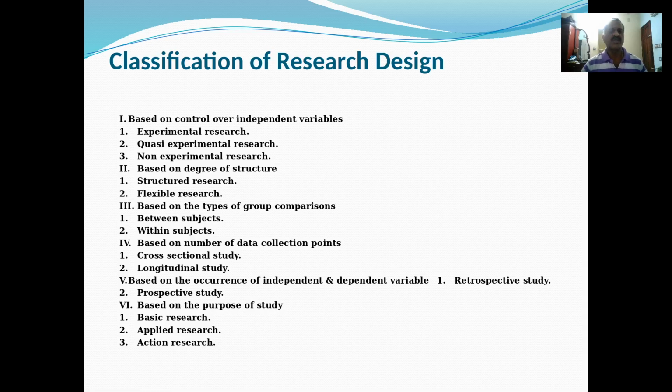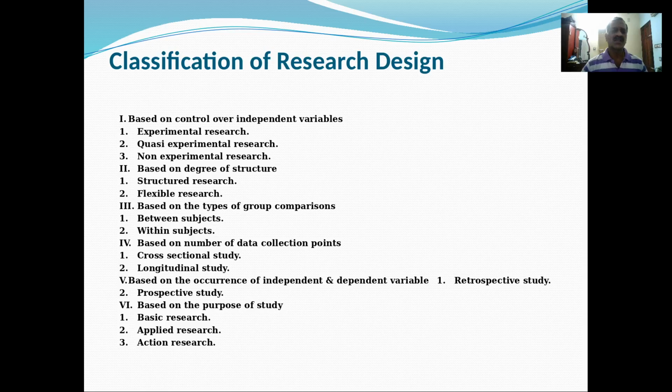So this is the first classification. I'll repeat it once more. Epidemiologists or the behavioral psychosocial scientists classify research based on several factors. Based on the control over the independent variable, we have experimental research, quasi-experimental research, pre-experimental research, and non-experimental research, four types.